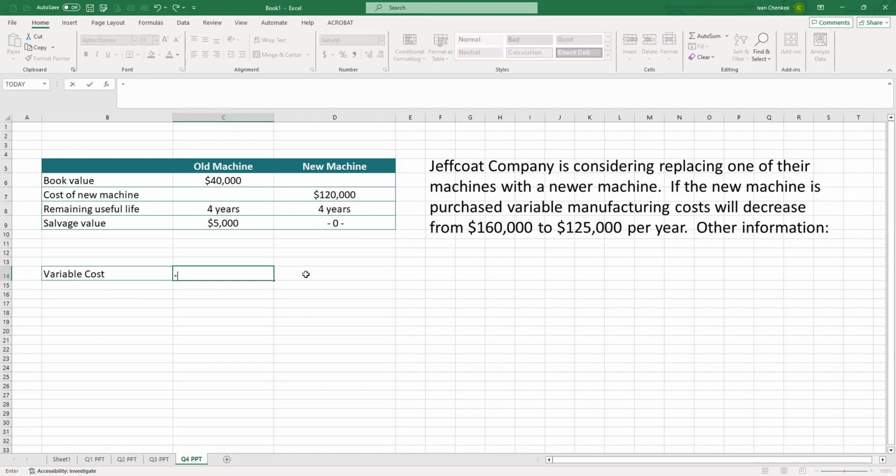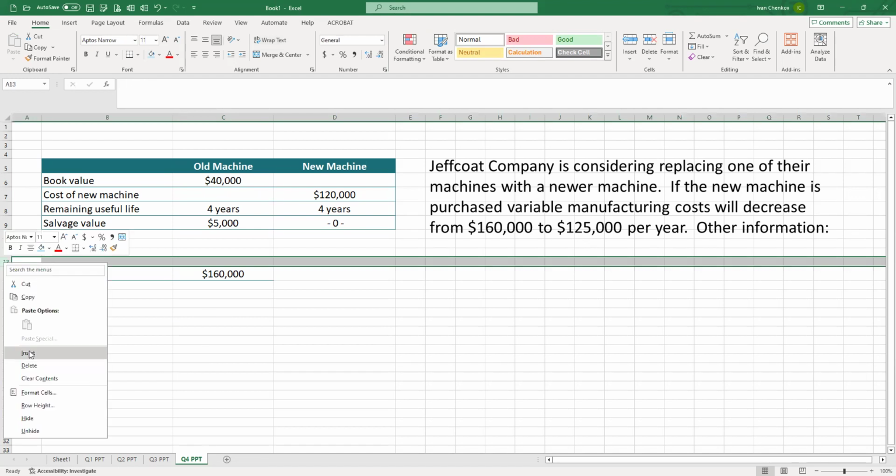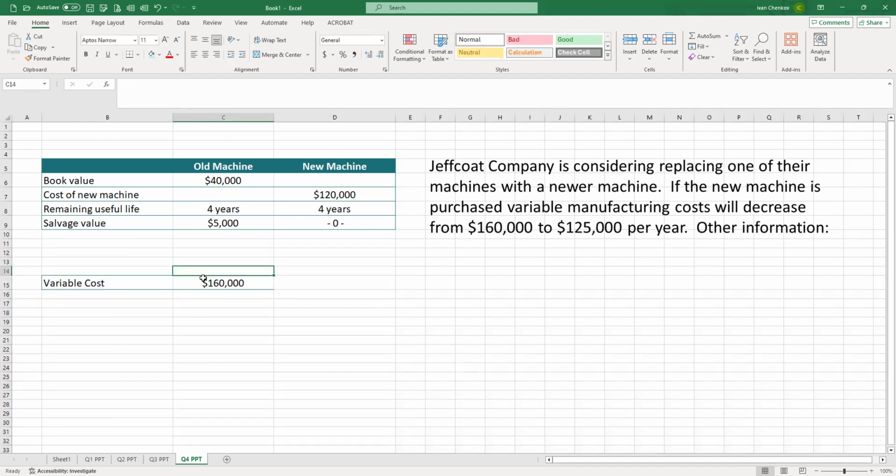That variable cost is 160,000, correct? We have that 160,000 variable cost. But this is per year, correct? Yes. Now, this is per year. Now let's do the whole calculation.